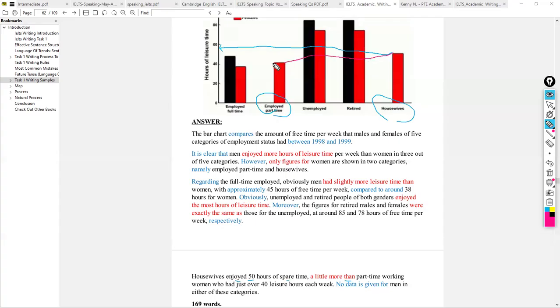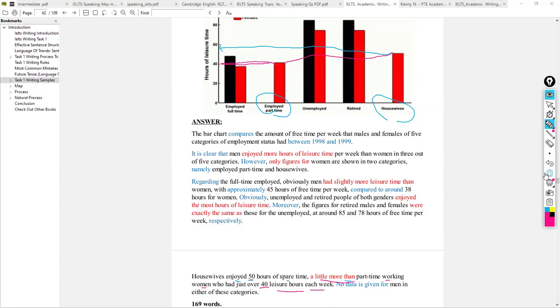Why? Because we notice that employed part-time is 40, and we said that housewives is 50. So a little more than the part-time working woman who had just over 40 hours of leisure time per week.